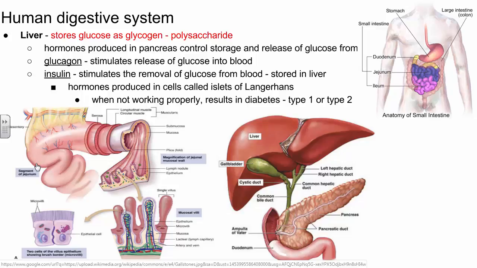Inside of the pancreas, there are special cells. They're called the islets of Langerhans. And these are the actual beta cells that produce the insulin. They're part of the pancreas, because the pancreas has other jobs to do as well. When the pancreas is not working properly, when those cells are not producing insulin, that's what leads to diabetes, like type 1 diabetes.